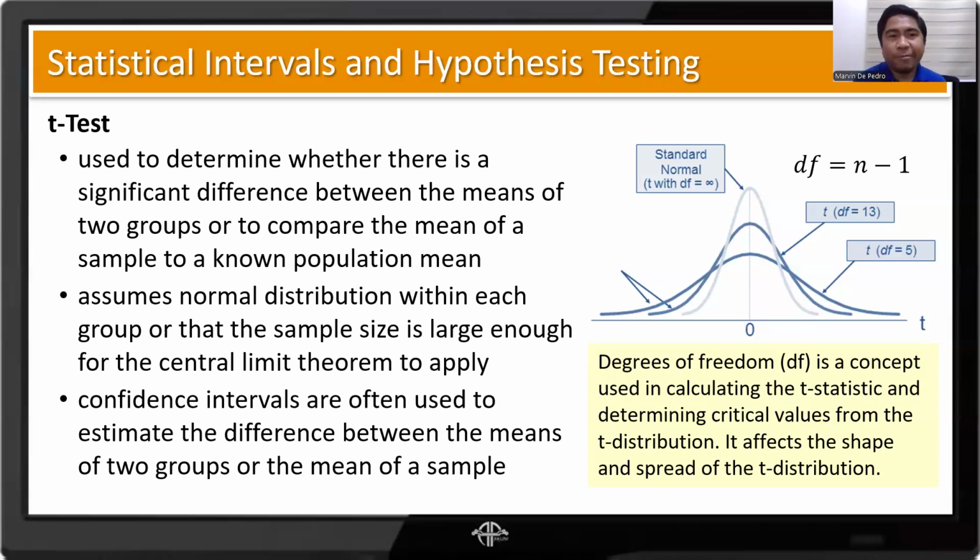We use z-test if we already have a normal distribution. But if we are just assuming a normal distribution because we have a lower sample size, then we use the t-test. We are just assuming, right?